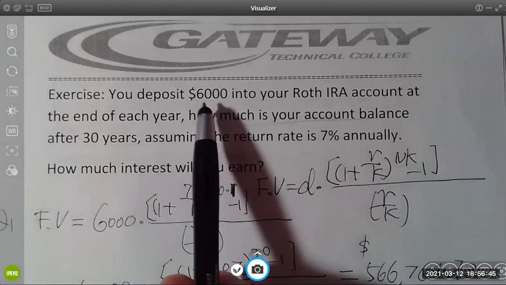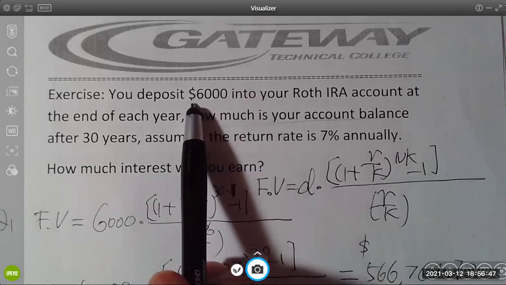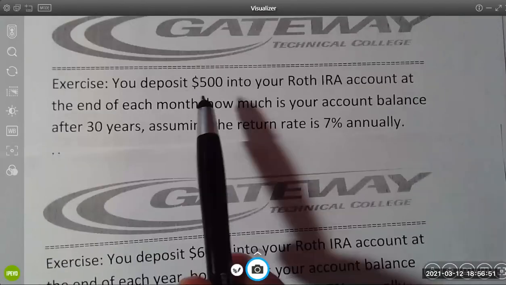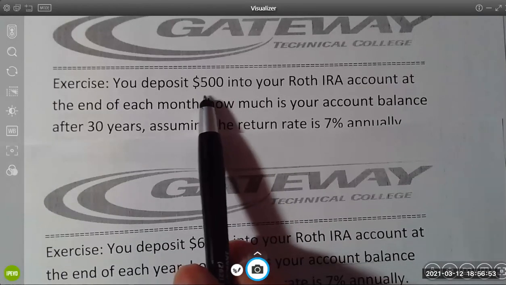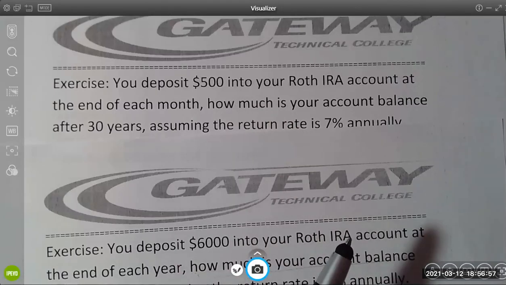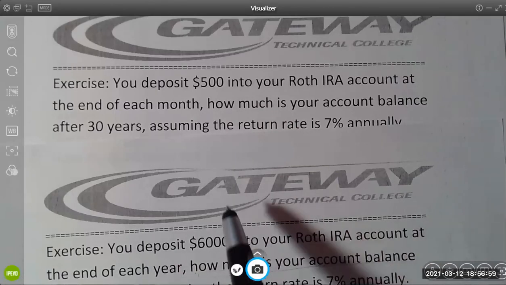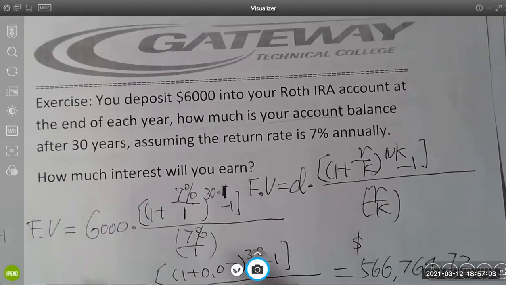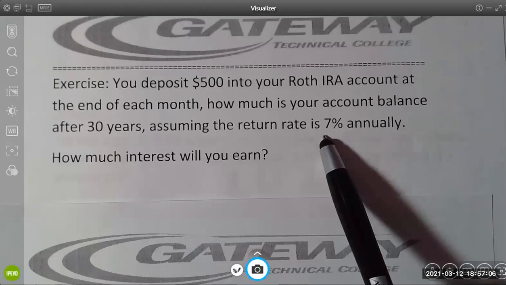The only thing different is that we deposited 6,000 at the end of each year. If you deposit 500 every month, how much do you deposit per year? Still 6,000, the exact same amount. You get exactly the same amount of time, 30 years, and 7% interest rate.